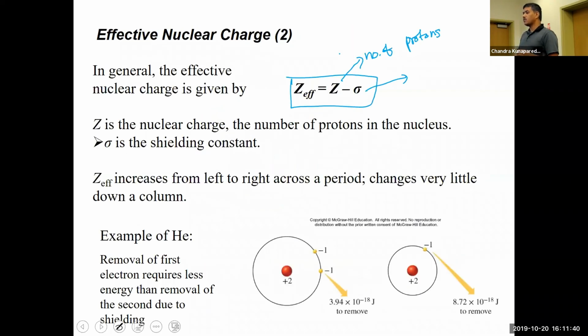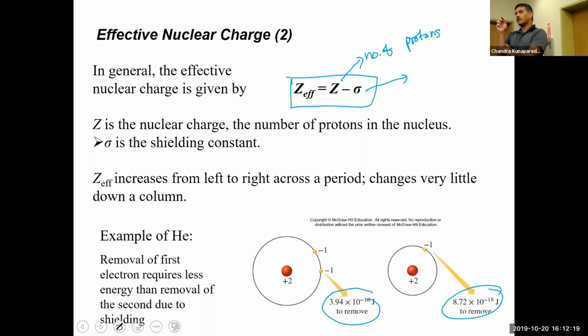Okay. Before I move on, let me show you why it matters to know Z effective. On the right side of this slide, you are seeing an example of helium with its 2 electrons in its one shell, shell 1. Because there is a difference of Z effective on electrons depending on how many electrons an element has, removing the first electron is, if you see this number, easier compared to removing the second electron once the first electron is already removed.